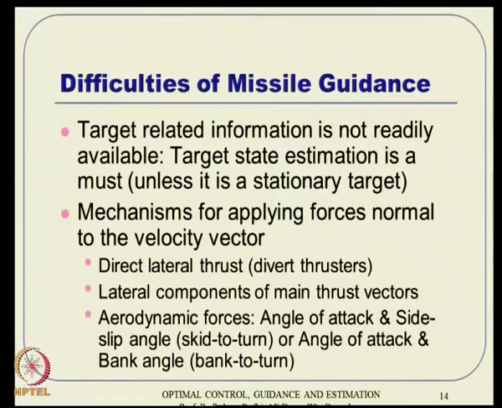So, when you have something like that, you also have longer time for doing your corrections, and because of that there is a concept called bank to turn, where the control influence is given to the vehicle through angle of attack and bank angle commands actually. So, either you directly generate fin deflections and generate 2 moments in pitch and yaw and directly go there, called skid to turn, or you bank in the appropriate direction and then apply the control. So, that you can go towards that, and that is called bank to turn actually.